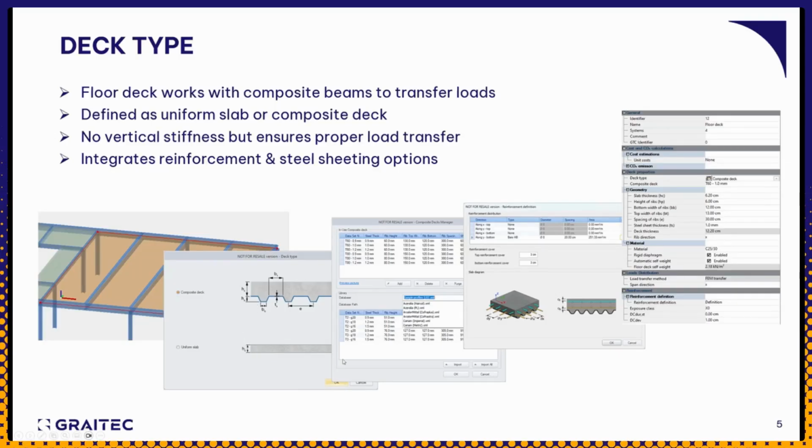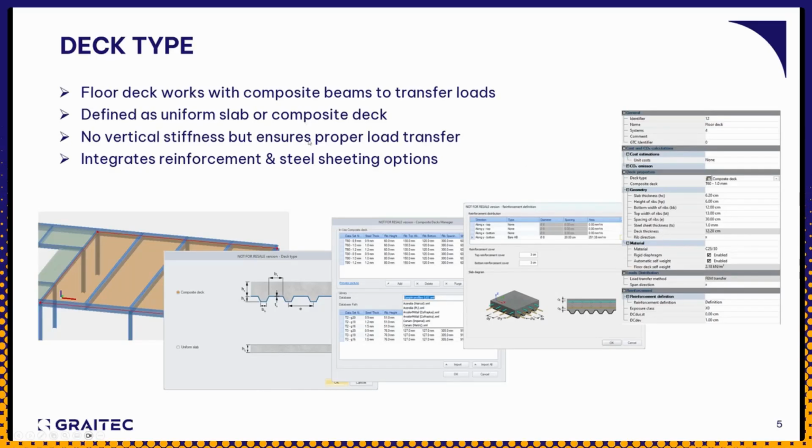As you see here, you can define the deck properties, etc. And as well, you can also define your rebars inside the deck to cover the full behavior of concrete and reinforcement. So the properties of the deck will look like this, and you can just modify based on your design.